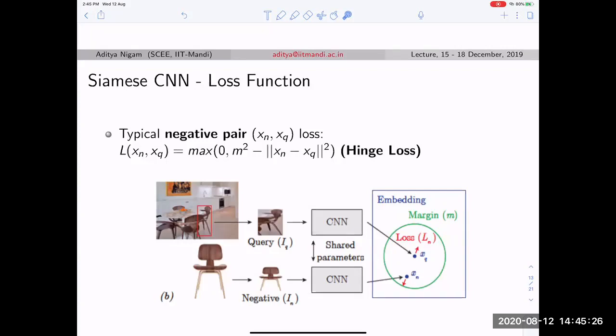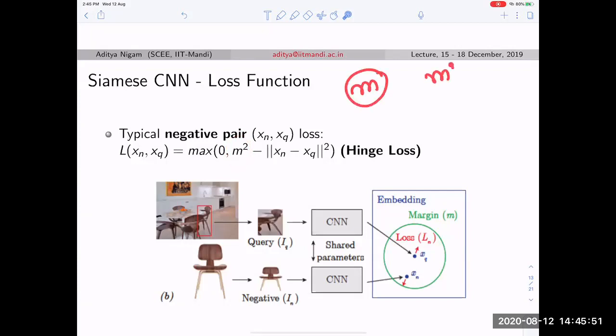Which essentially means that I want my xn and xq to be far. If they are very far, that's okay. You are not going to get any loss. If they are very near, you are going to get the loss. How much loss? It depends on how close you are, and what was the m?